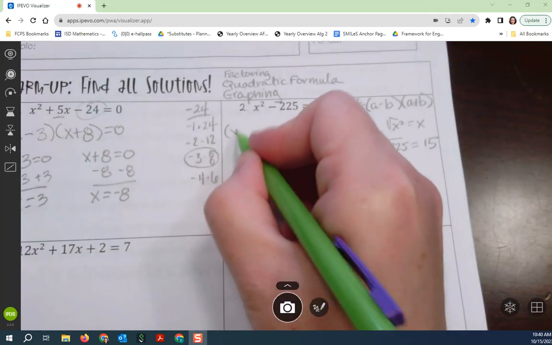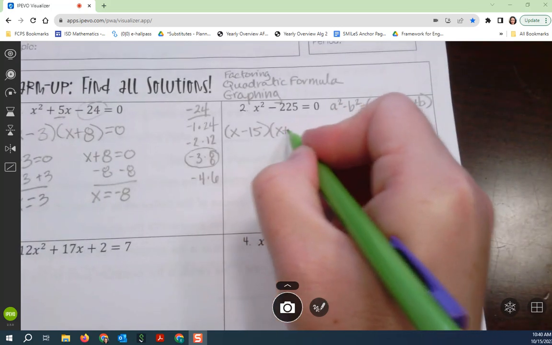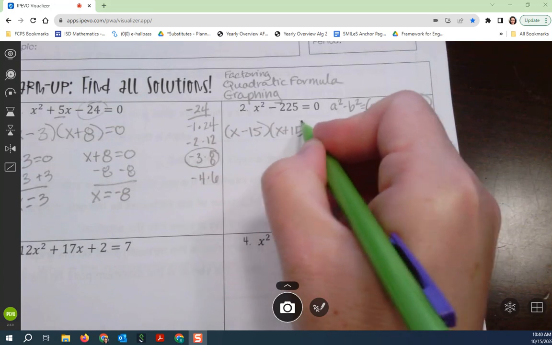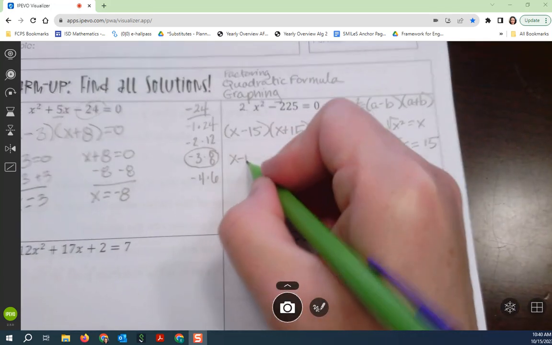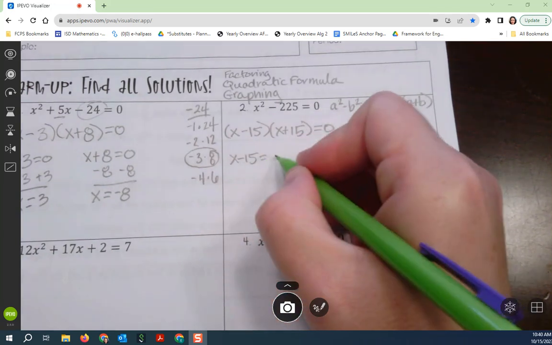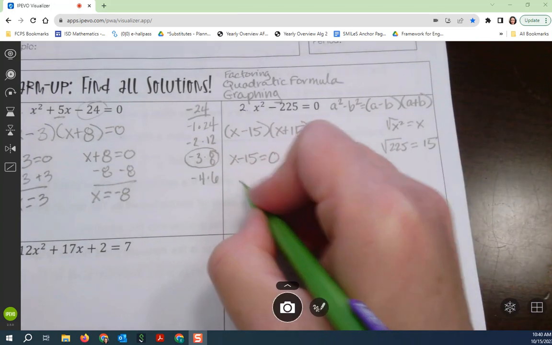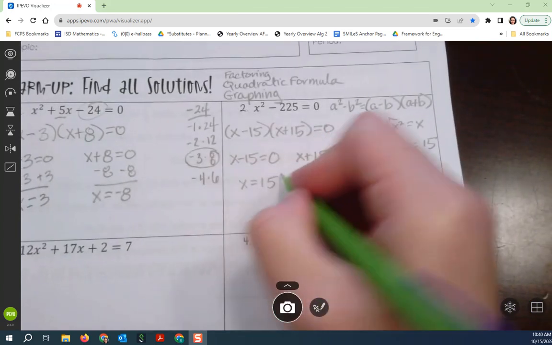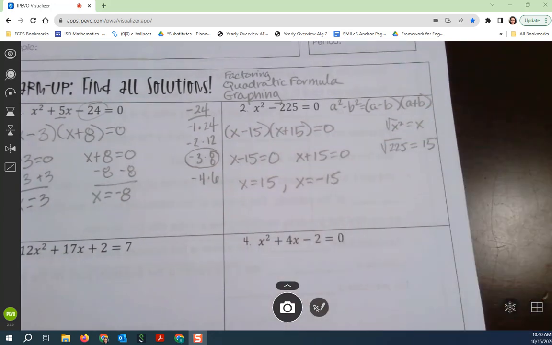So you get x minus 15 times x plus 15 equals 0, and just like the last one, set each equal to 0. This one will give you x equals 15, and this one will give you x equals negative 15.